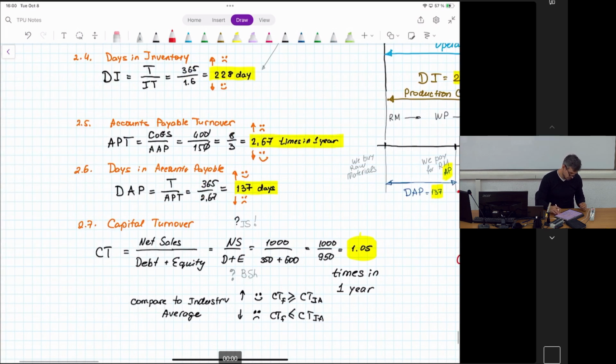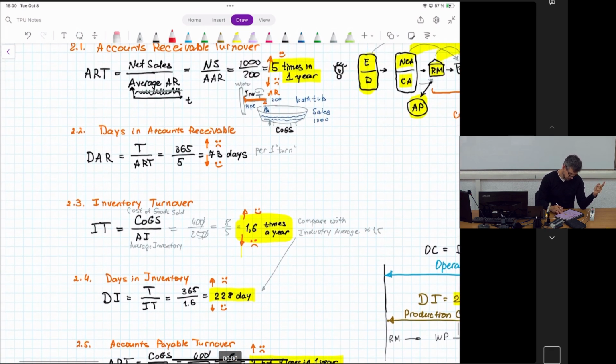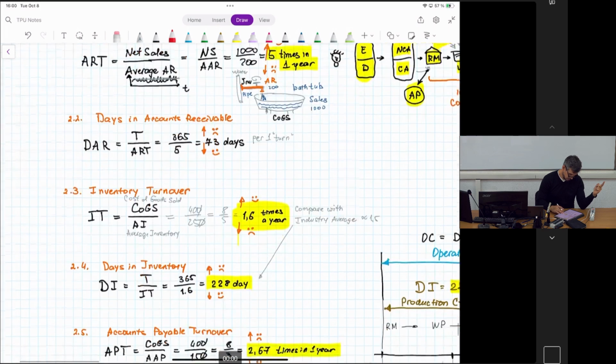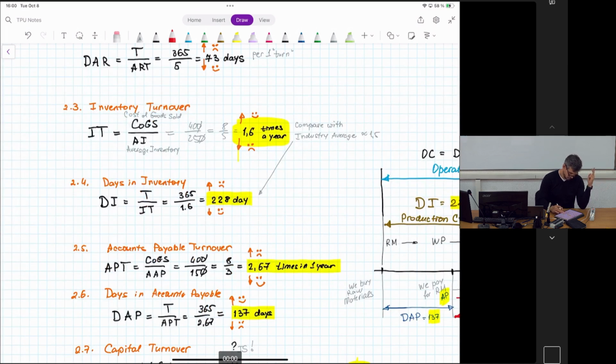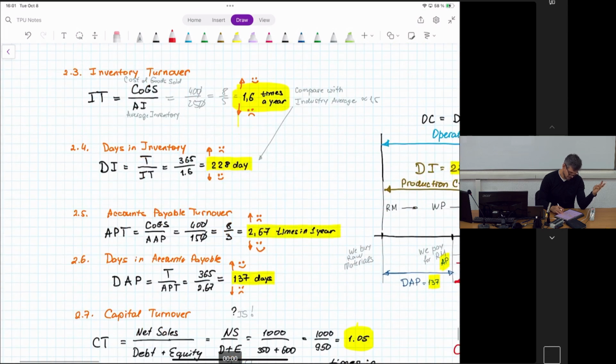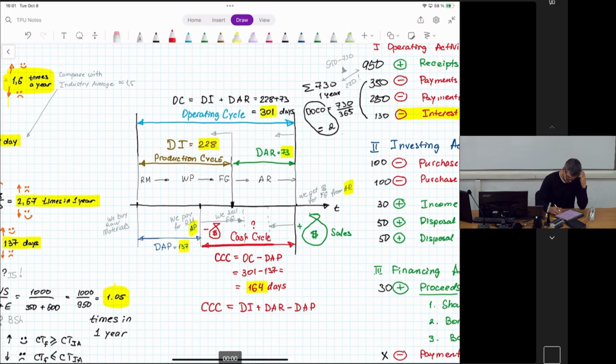So these ratios in our list are, you take days in inventory, 2.4, plus 2.2, minus 2.6. So all these ratios are already calculated. You just use them for the calculation.